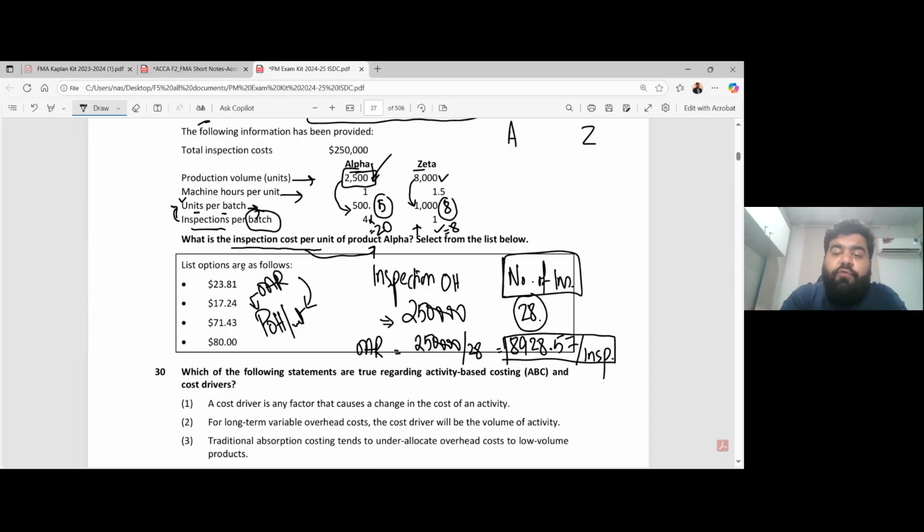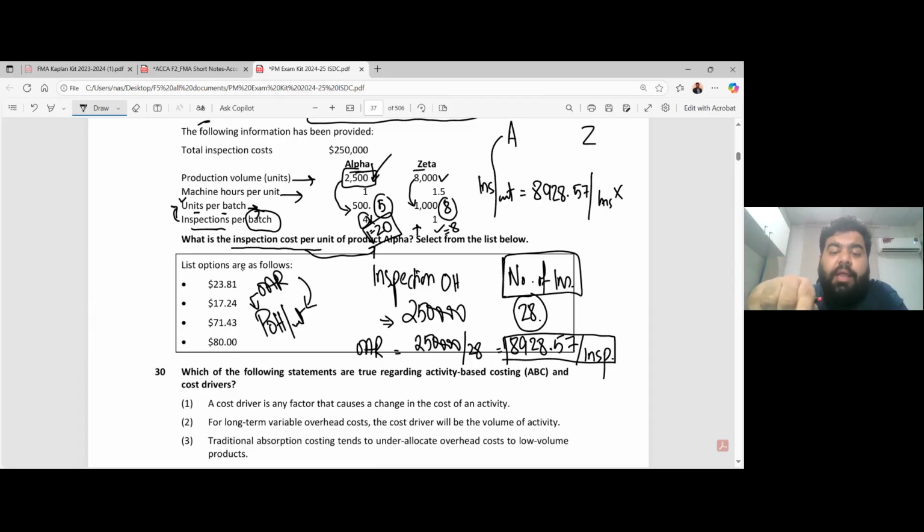Now we have to calculate the inspection overhead per unit for alpha. How will we do that? We use that same OAR, 8928.57 per inspection, and now we'll see how many inspections were done for alpha. Inspections were 20. Don't use 4 here, because 4 is not the total number of inspections of alpha.